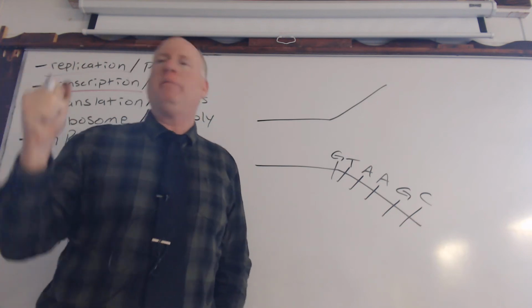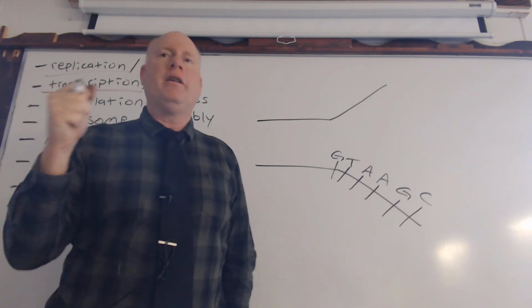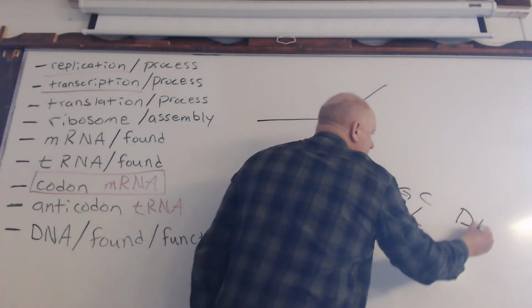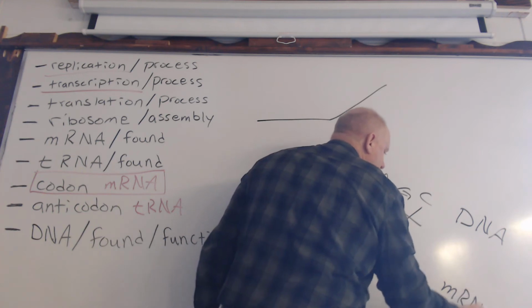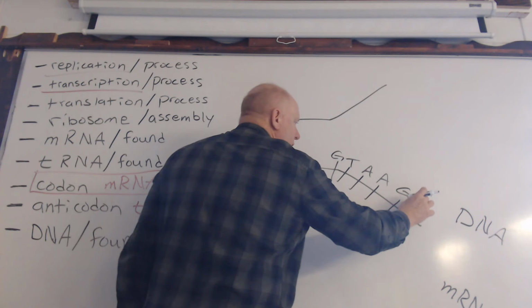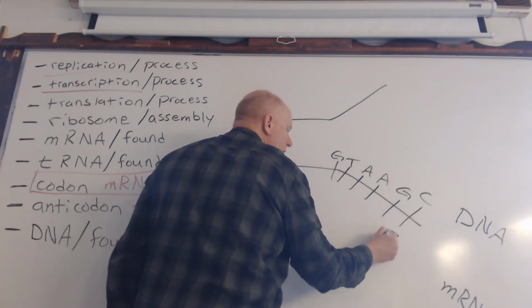The scribe, the reading part of it. What RNA? mRNA. So this is DNA. This is messenger RNA. So what is going to bond to cytosine, but only on RNA now? Guanine.